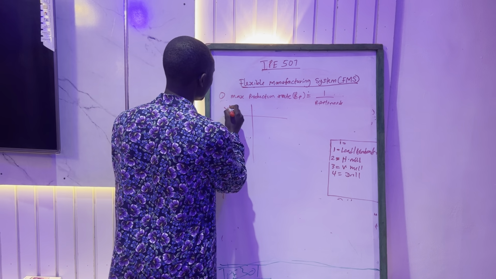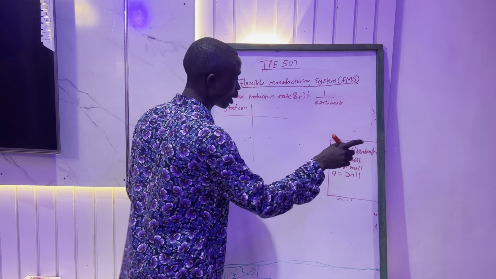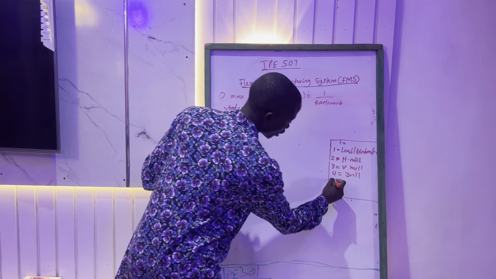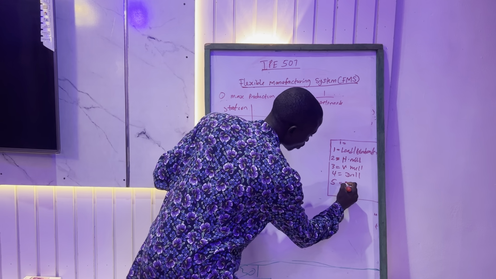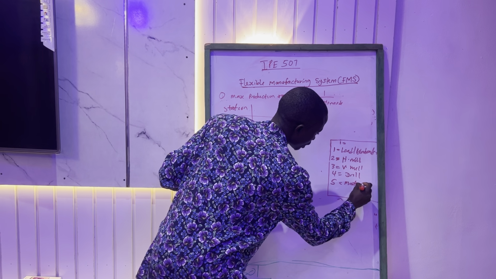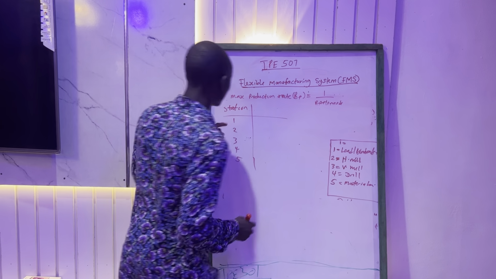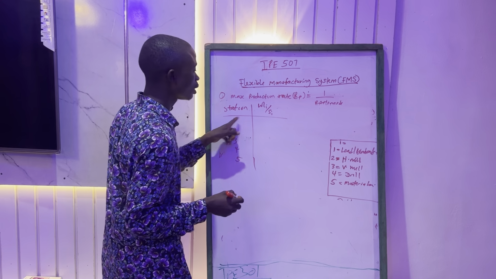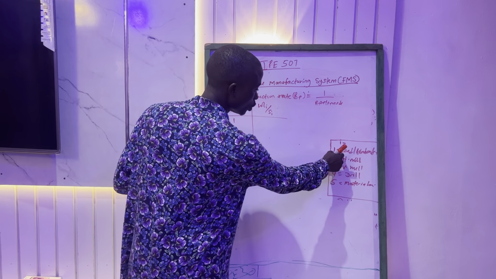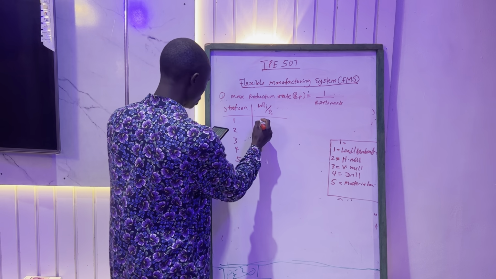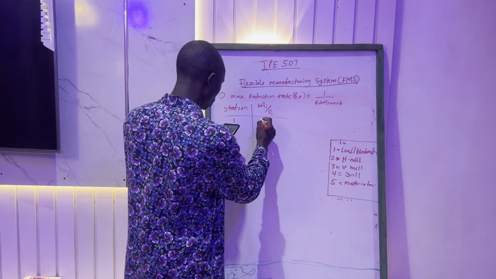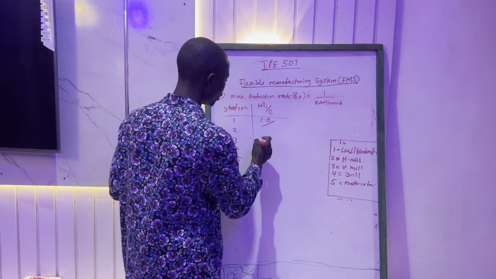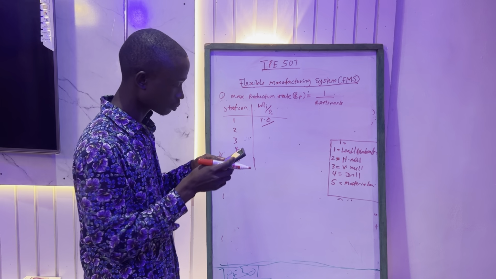I will be representing the stations with 1, 2, 3, 4, and 5, because I've already written it here. Let's say 5 represents the material handling system. So for 1, now WLI over SI. For 1, the load and unload station, WLI we got to be 7.0, divided by the number of servers. Let's go to the question.